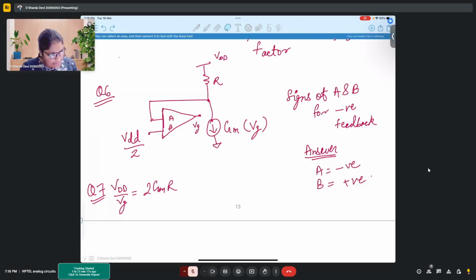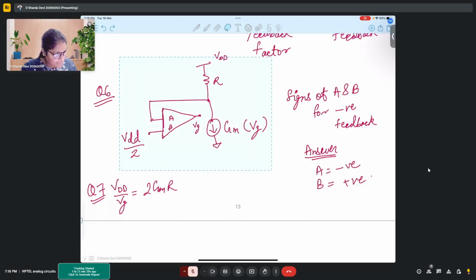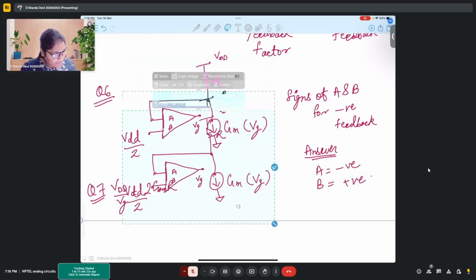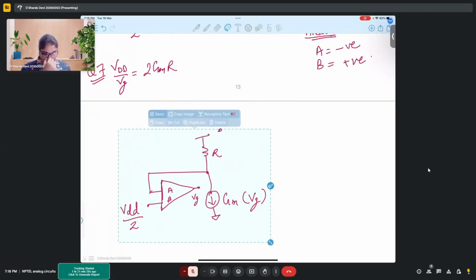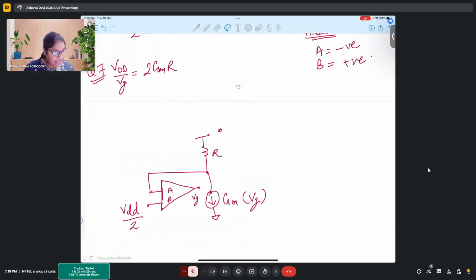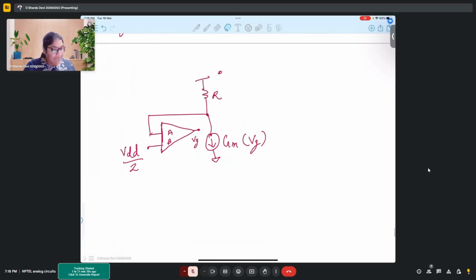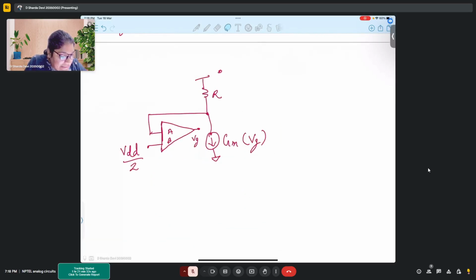Okay, this is the circuit that we have. Now, see, by looking at this circuit, this is VG, gm VG. If I tell you that this is a small signal model for a MOSFET, would you believe that?